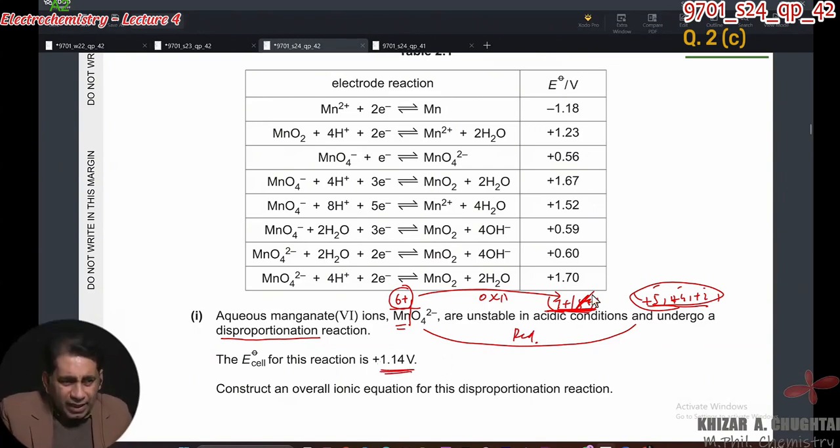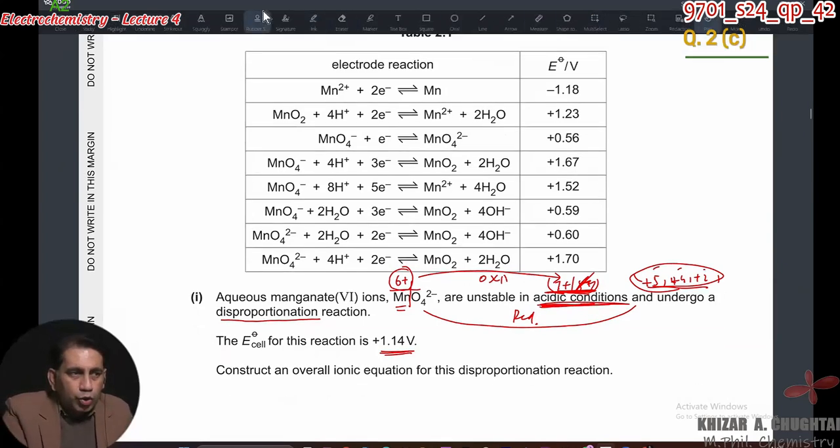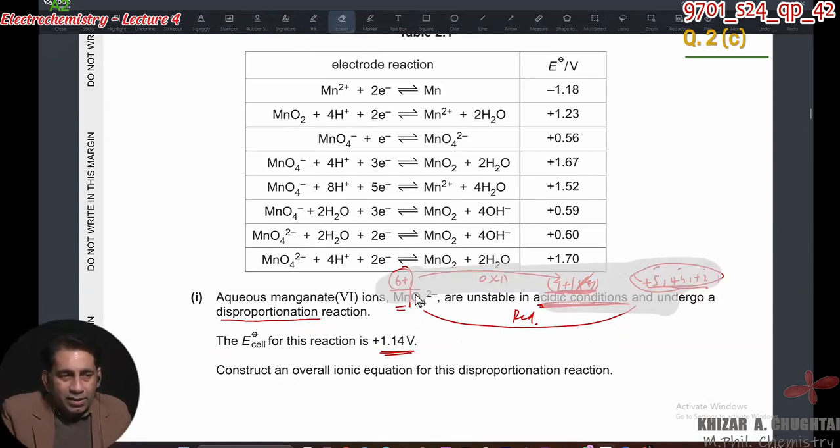So the first thing is we need acidic conditions. He is asking to use acidic conditions, because it is unstable in acidic condition.